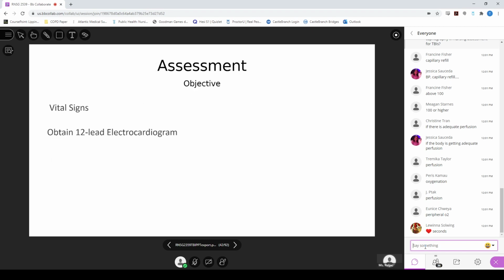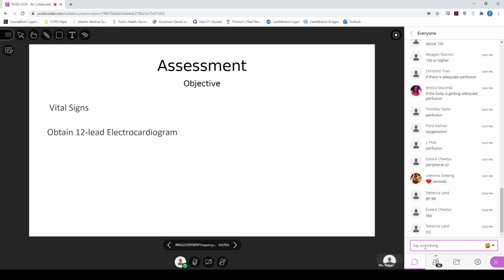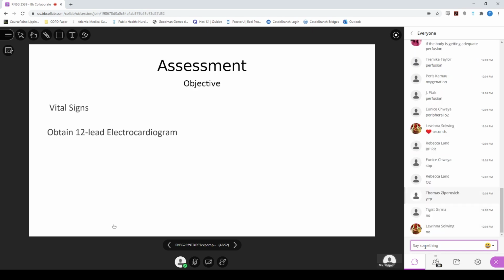Okay, so next is your vital signs. What vital signs do we need to watch? We just talked about your cardiac monitoring, your pulse ox. You're going to have some type of invasive arterial blood pressure monitoring. And end-tidal CO2, do y'all know what end-tidal CO2 is? What is it, Thomas?